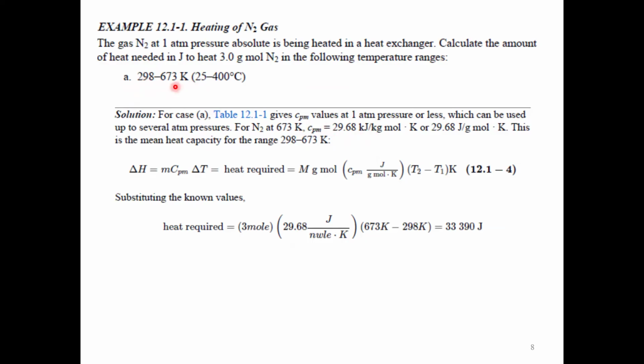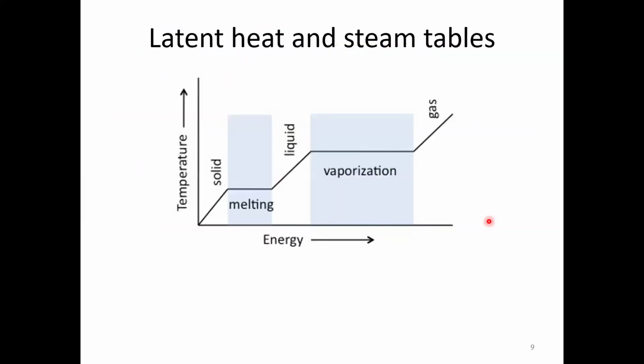Once that has been fished out, you can plug it into this equation to get the heat required to raise the temperature of nitrogen. Here we are interested in 3 gram moles of nitrogen, so you can plug in 3 gram moles and the corresponding temperatures, and you will get the amount of energy in joules to raise the temperature of nitrogen from 298 to 673 Kelvin, right?